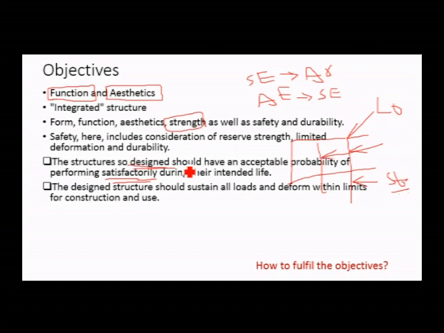Coming on to the second objective, the designed structure should sustain all loads and deform within limits in its use. Here, adequate strength and limited deformation are the two requirements of the designed structure. The structure should have sufficient strength and deformation must be within precise limits.